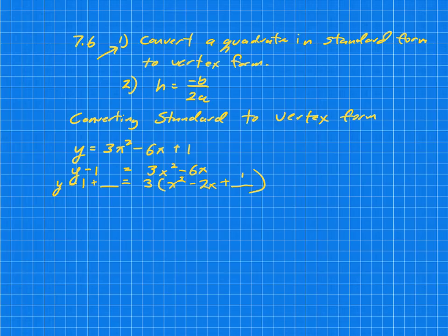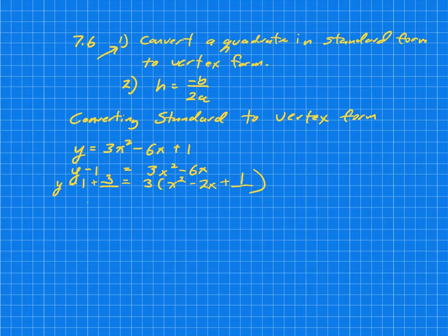But be careful here. We're not really adding a 1 to this side, because if we distribute this 3, we would find that that 1 is actually a 3 in disguise. So we need to add 3 to the other side, and then we're okay.